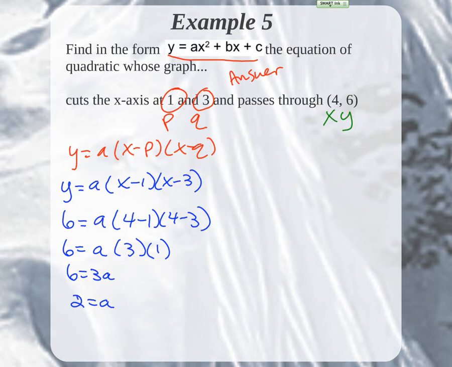So once we get that far, we can plug that in. It's just that we're not done quite yet.